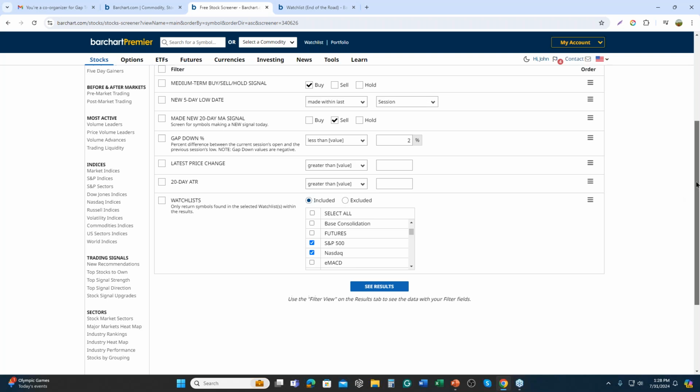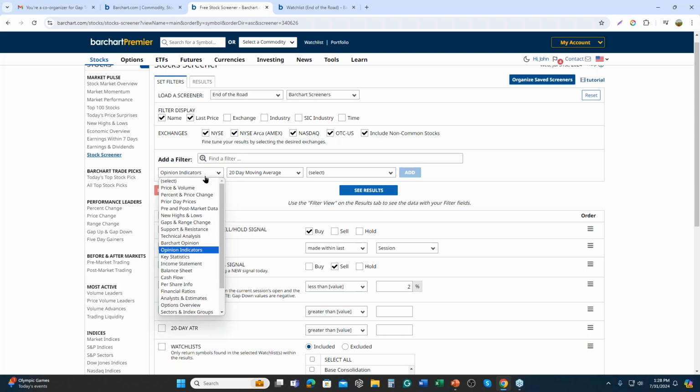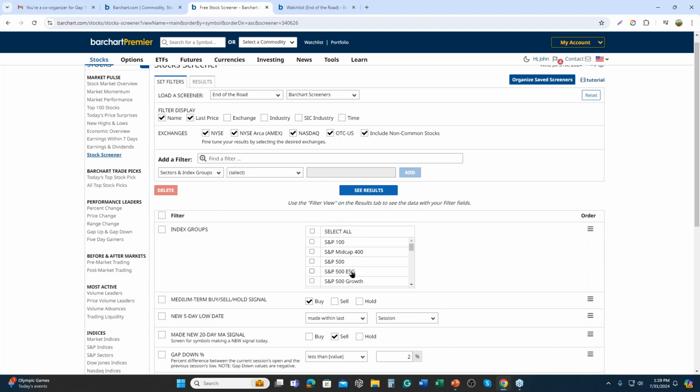So first of all, I can just come up here and change it based on the exchanges, or I can come into the filters again and then go down to where it says sectors or index groups. In this case, I'll pick index groups and add that. And then there's how you can get those stocks that are in those different indexes: S&P 500, Russell, different sectors.